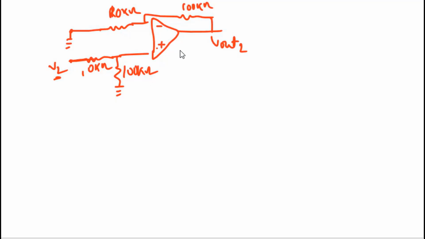This is the configuration of a non-inverting amplifier, except that you need to find the voltage at this point. So Vout2 can be given by 1 plus 100k divided by 10k, that is 1 plus R2 over R1, the gain of the non-inverting amplifier, times V prime, where V prime is the voltage at the non-inverting terminal.